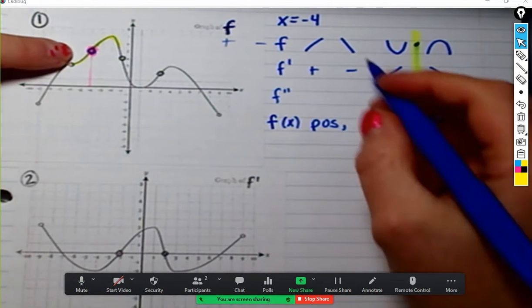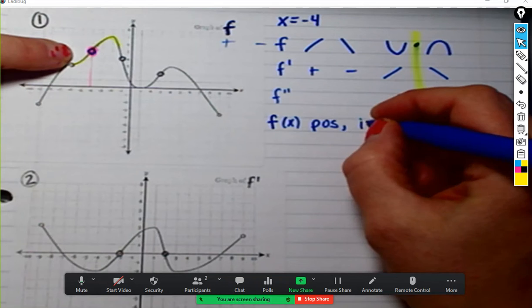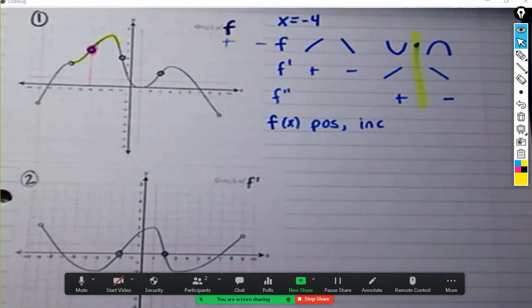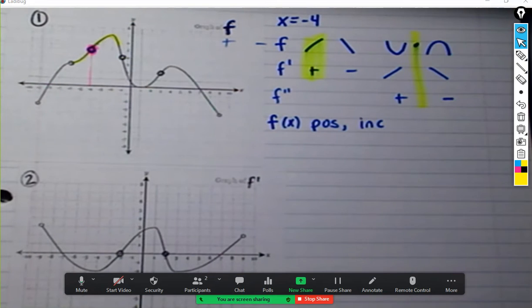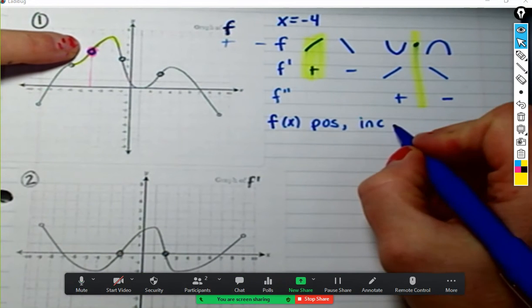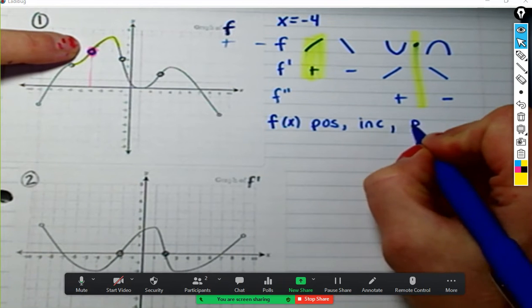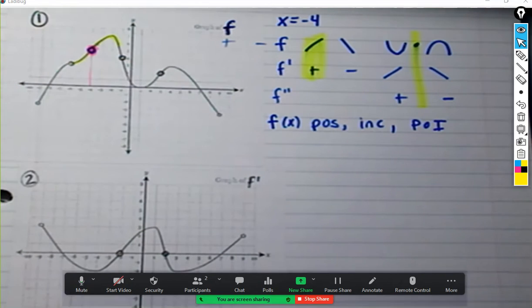Okay, it's increasing, right? F of x is increasing. Where does that put me? That actually puts me here because I can see that it has a positive slope. But at that particular point, it also has a point of inflection.